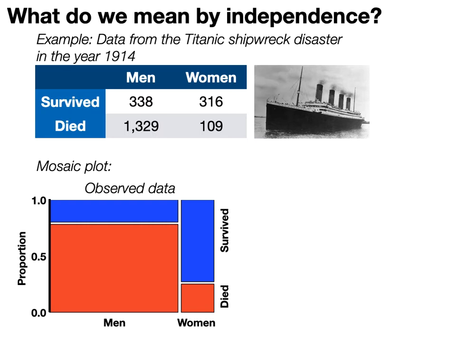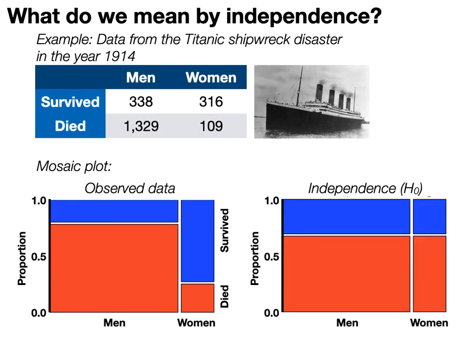And second of all, a large proportion of the passengers died. But right away, you can see that the proportion that died was higher among men passengers than it was among women. So we can ask the question, is this difference statistically significant? Is there an association between a person's gender and whether or not they survived in this disaster?